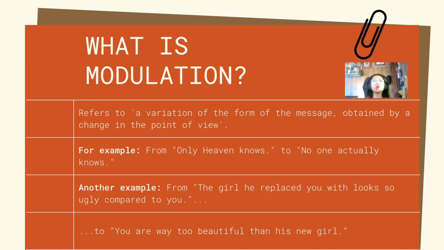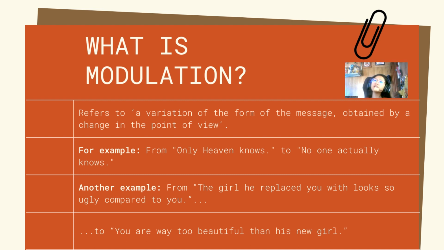For example, we all are familiar with the expression only heaven knows. There's even a popular song about it. So anyway, when this phrase is to be translated in a modulating manner, it'll go like, no one actually knows.